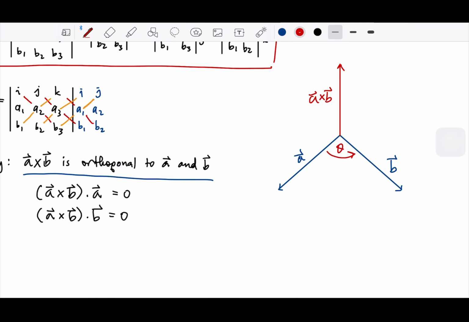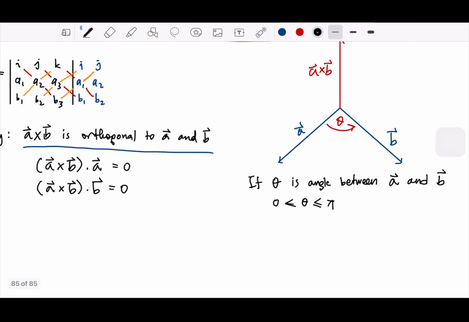So let me write: if theta is the angle between A and B, and theta needs to be from 0 to pi, then the length of the cross product A cross B is equal to magnitude of A, magnitude of B, sine theta.